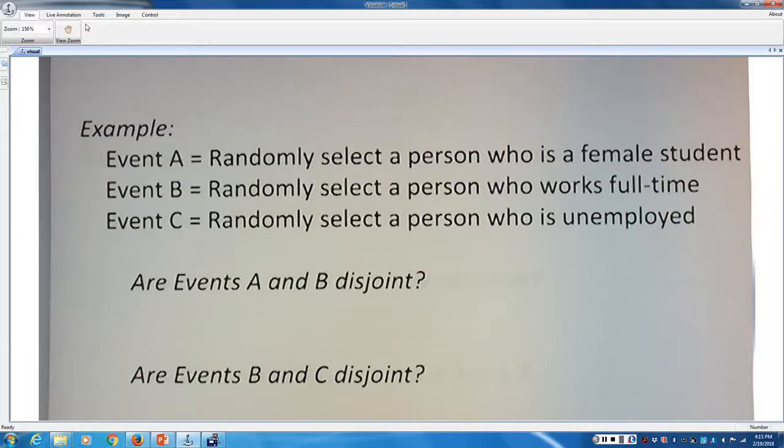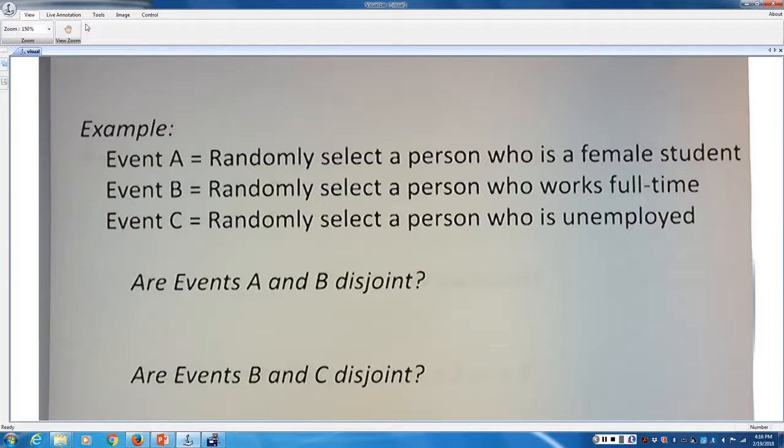We're thinking about eventually the probability of A, but right now, A happens if we select a person who is a female student. Okay? Event B is we select the person that works full-time. We're randomly picking students from some class, and event B happens if the person that we pick works full-time. Event C happens if we select a person that is unemployed. They don't have a job at all. They're unemployed.